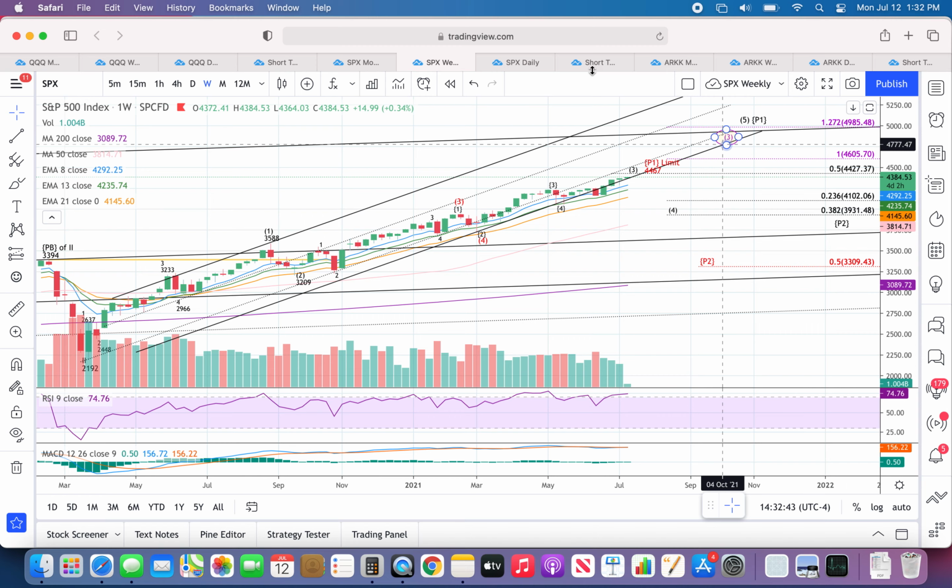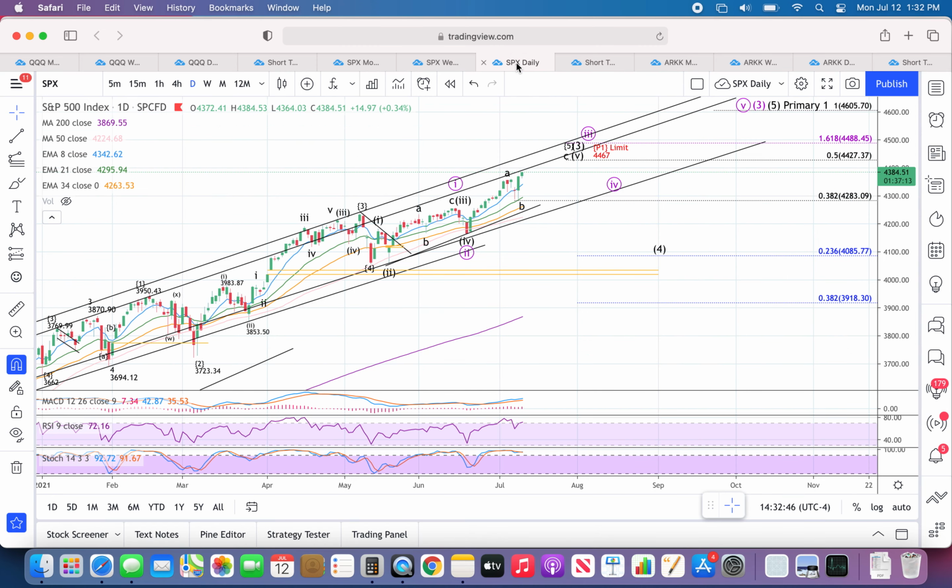Okay, so getting down into some of the detail, and I had tweeted this out last week in between my vacation activities, the anticipation that this last fifth wave of this intermediate 3, I'm seeing as an ending diagonal. So I'm seeing 3 wave moves all the way up in this move. So this as an A, B, C right now charts really well.